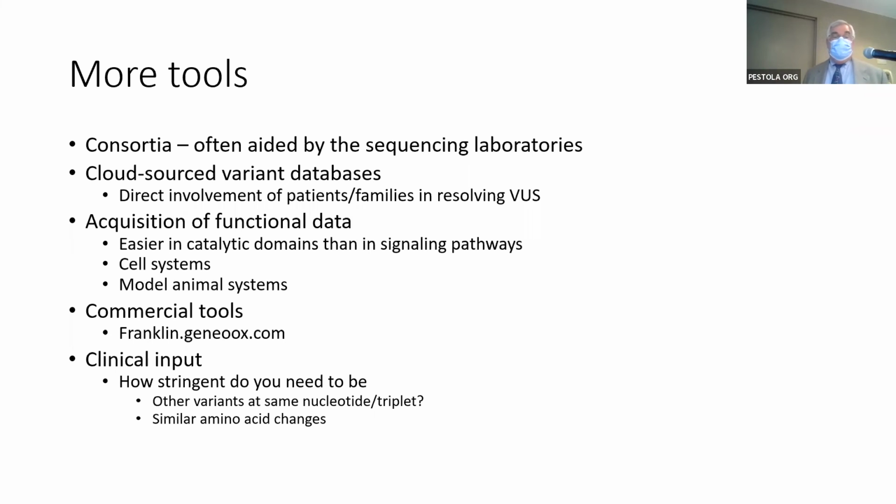Okay. The cloud has some advantages, and social media has some advantages because you get crowd-sourced variant databases. This family goes online on Facebook and says, my kid's got these features and they think it's got this, and you suddenly get something fired back from Sweden. Oh, my child's got the same thing. Boom, boom, boom.